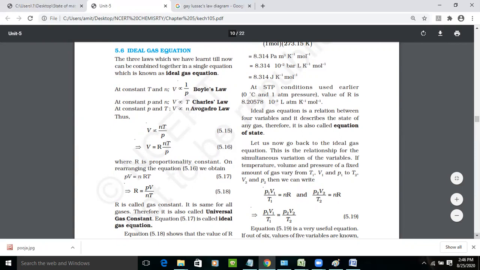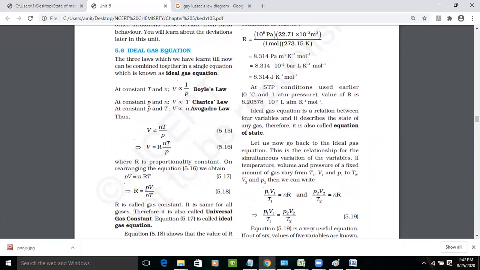So what was that? From Boyle's law we know that at constant temperature and number of molecules, volume is inversely proportional to the pressure. From Charles' law, we learned that at constant pressure and number of moles, the volume is directly proportional to temperature.